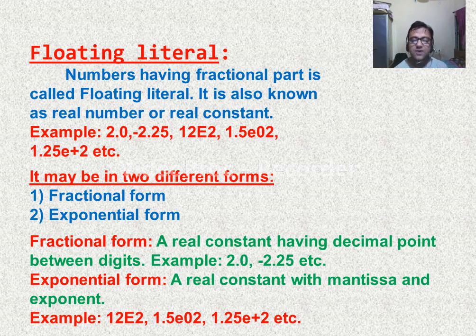But the second one is exponential form, meaning a real constant or floating number with mantissa and exponent. So actually the e term represents the exponent, it may be a capital letter or a small letter. As per example 12e2, where 12 is the mantissa part and e2 is the exponential part. 1.5e02, so 1.5 is the mantissa part and e02 is the exponential part, and many more examples are available here.